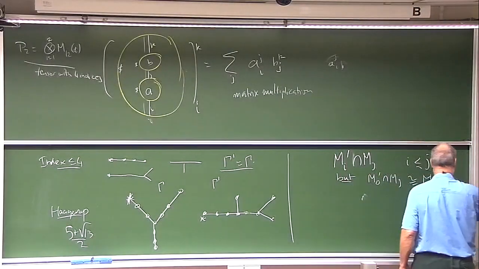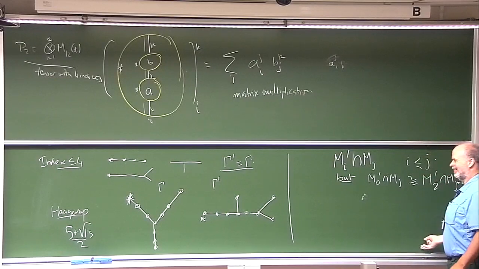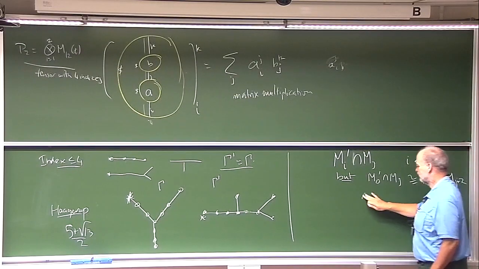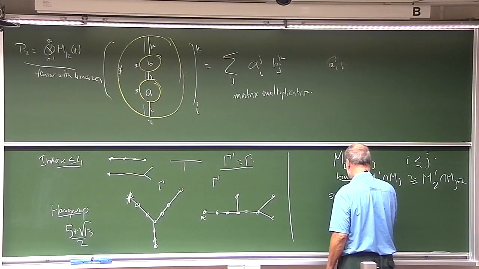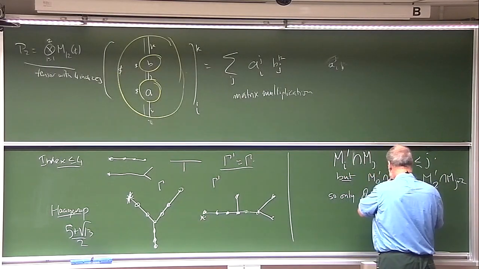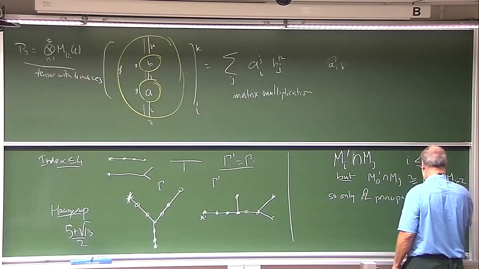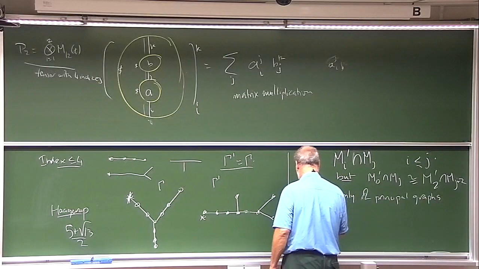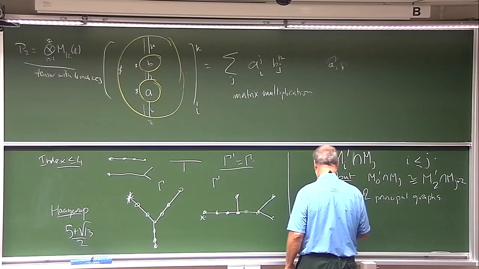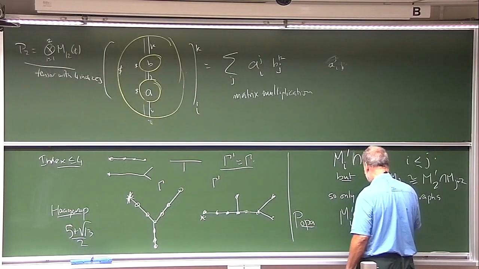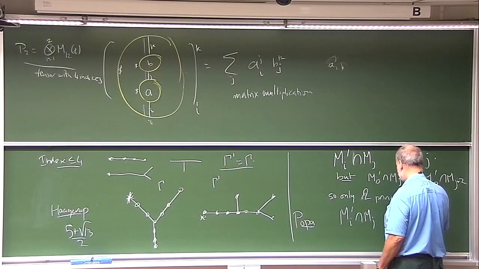And Popa has axiomatized this whole structure, in which he calls these algebras Mi prime intersect Mj a lambda lattice.